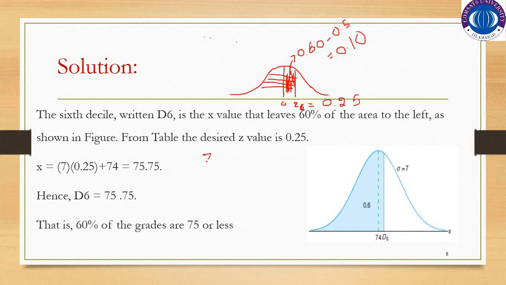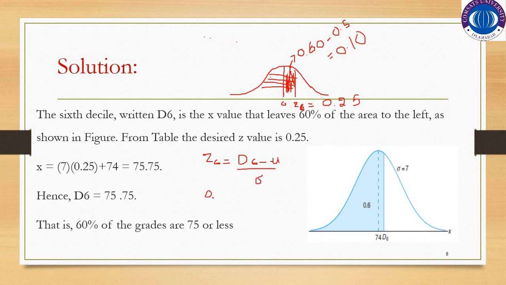By substituting it in this, Z6 is equal to D6, as we are eager to find D6, minus mu over sigma.